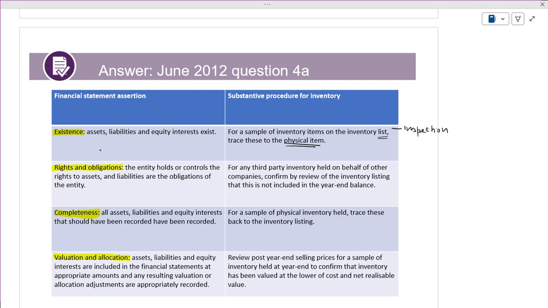Now, they have given rights. The rights and entity, we will come across so many things, maybe similar things for inventory also. This we have done: rights hold, controls, assets, liabilities, entity.